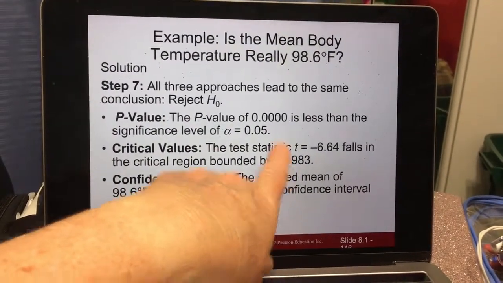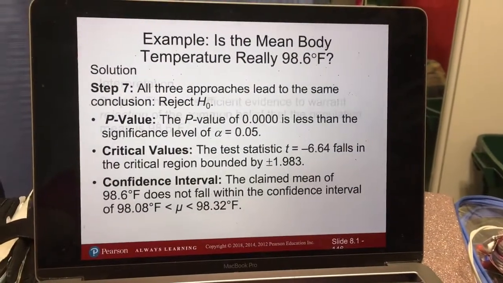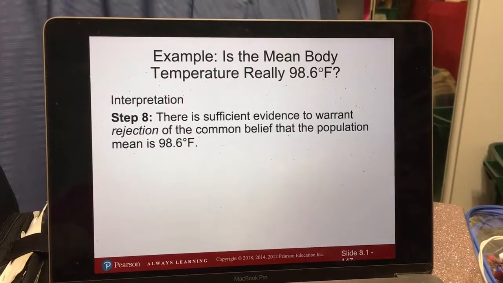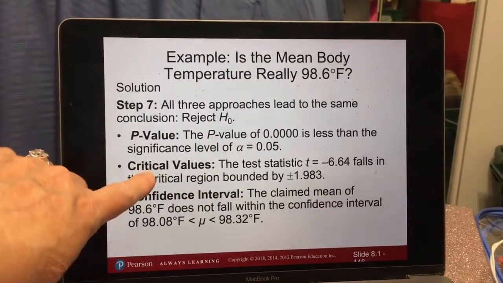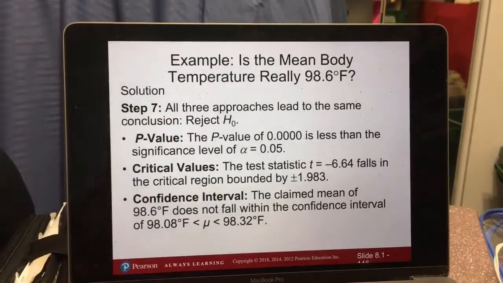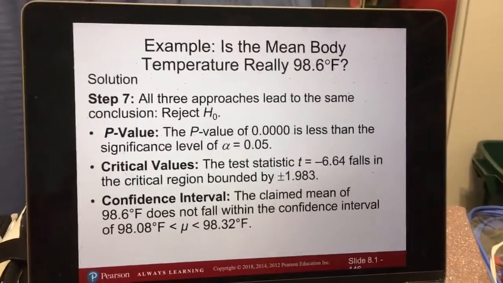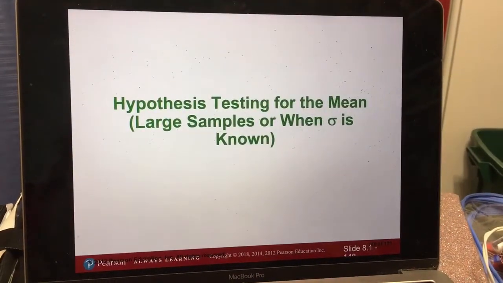So again, we need to reject H sub O. We're not going to do this one here. So we are definitely going to reject the H sub O because both of these that we know how to do were way far in the extreme. Okay, so just skip the confidence interval, not worrying about that one.